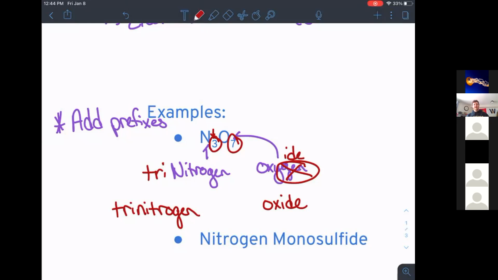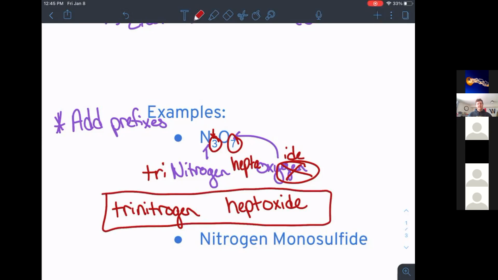This one's probably the trickiest one because it's one that people never really use. Do you know it, Felix? Hepta, perfect. So hepta is our prefix for 7. Next to that O, the A does go away, so it's just going to be hept. So heptoxide. So our answer is trinitrogen heptoxide.